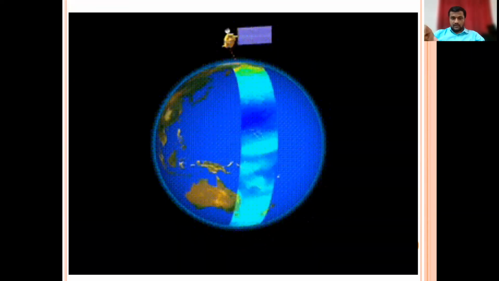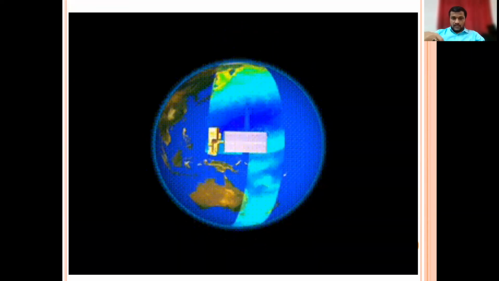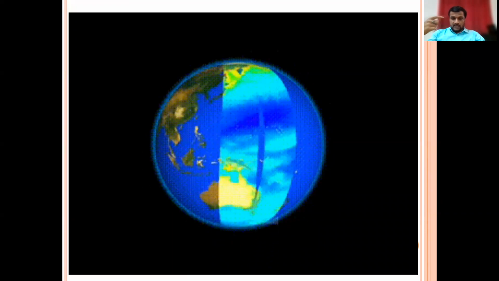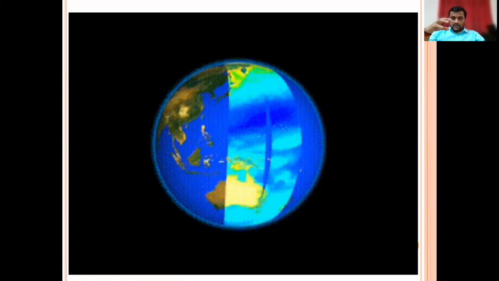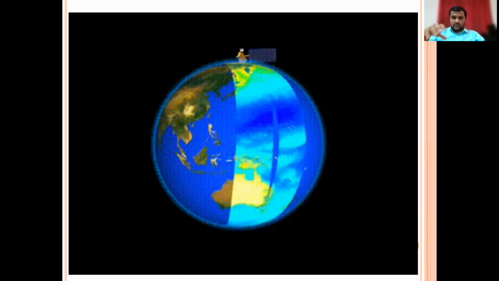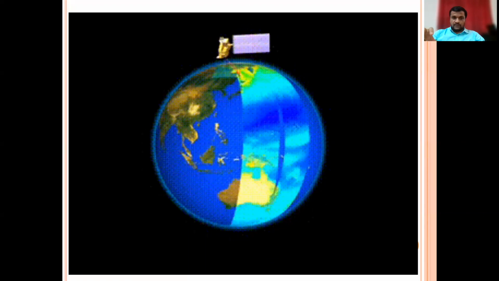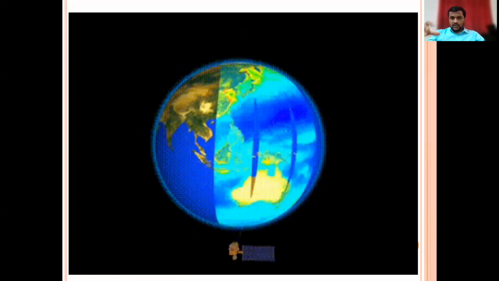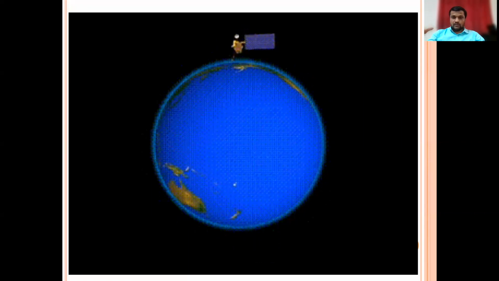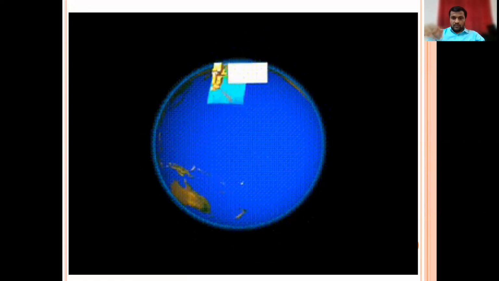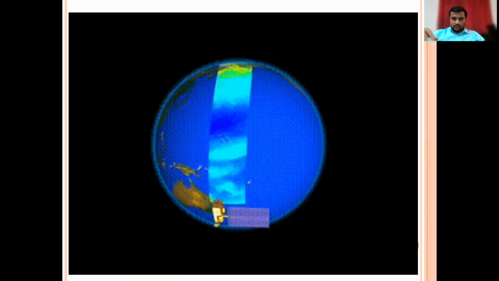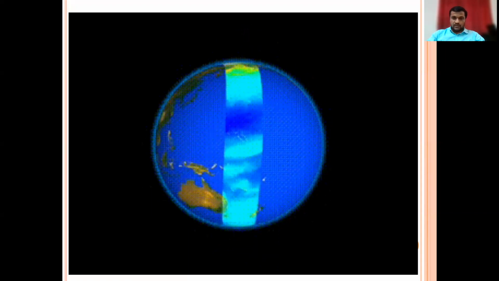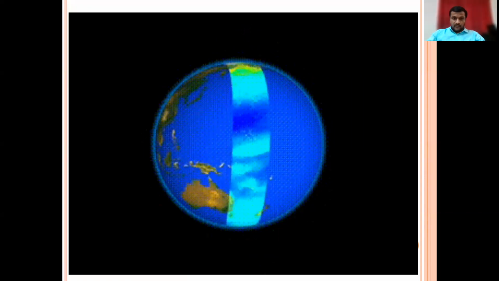These strips are known as the swath, and as the Earth is also rotating beneath the satellite, the satellite is able to capture the Earth surface in different strips. So this is the entire process of the functioning of remote sensing satellites. They can also be considered polar orbiting satellites or polar satellites, because they move from North Pole to South Pole to get information about the Earth surface features.